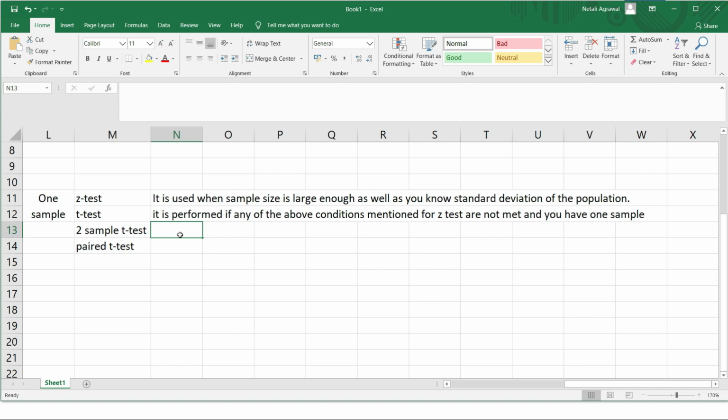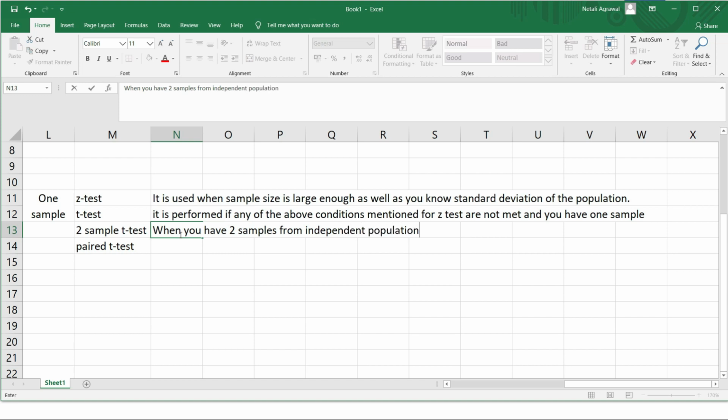It is a direct call: when you have two samples from independent populations, you perform a two sample t-test. I'll give you an example in a while that will make it clear which test to perform when, but these are the thumb rules that you should know.